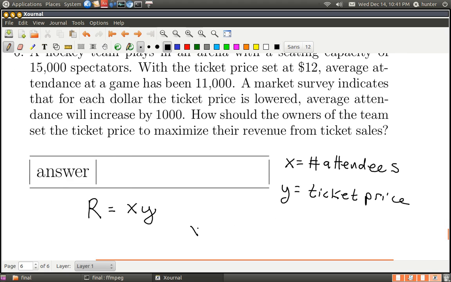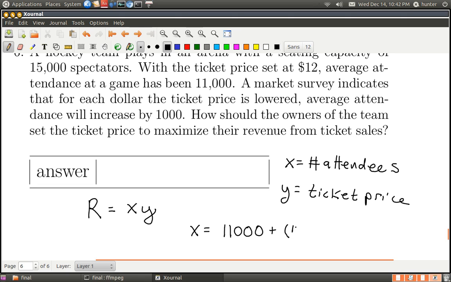Okay, so x is the number of attendees. So let's just imagine that normally it's 11,000. Tempted to just write 11 and have thousands be the units, but let's do that. Okay, so typically the attendance is 11,000, but then what happens? For each dollar the ticket price is lowered. Okay, so it's going to be increasing. Now how do I say this part? For each dollar the ticket price is lowered.